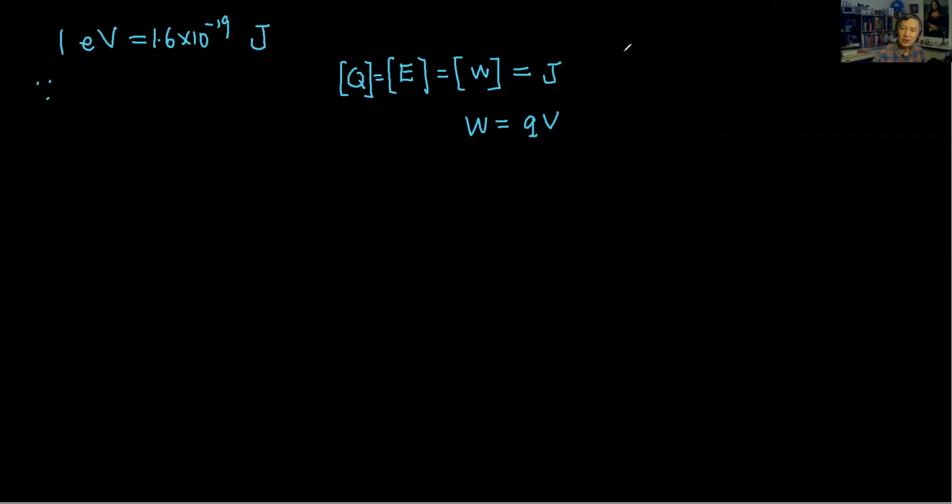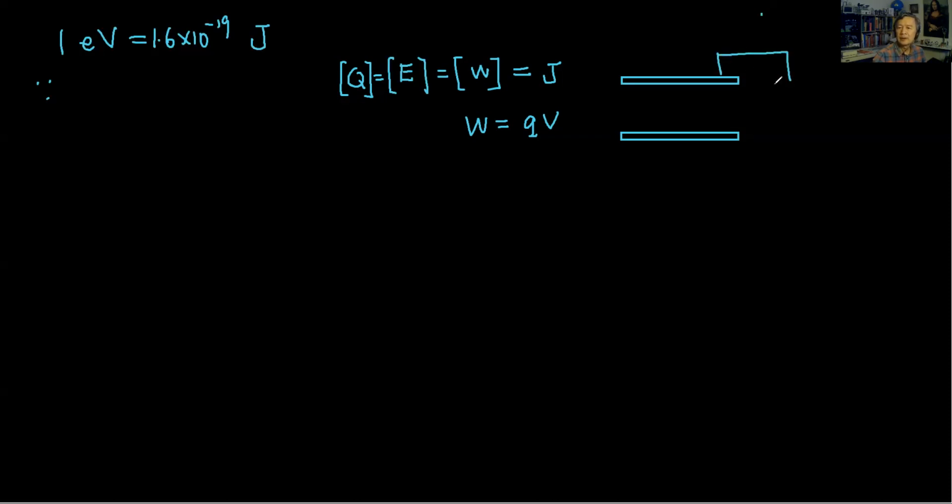For example, I drew the diagram. You're probably going to use this diagram here. This is a capacitor, just two parallel metal plates. This is often used in the test.